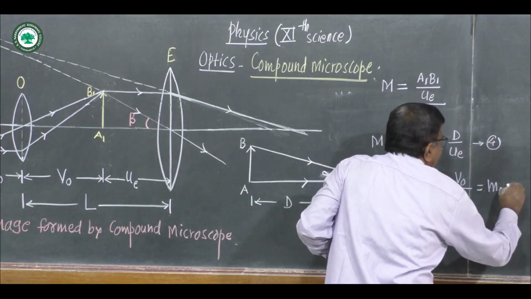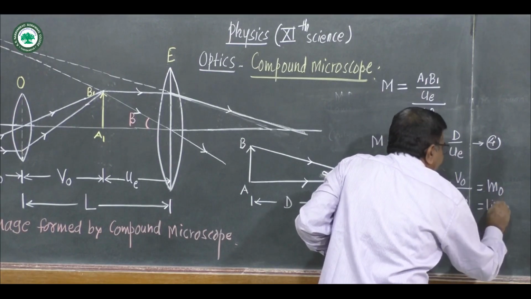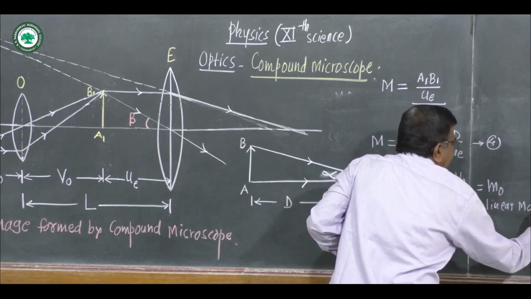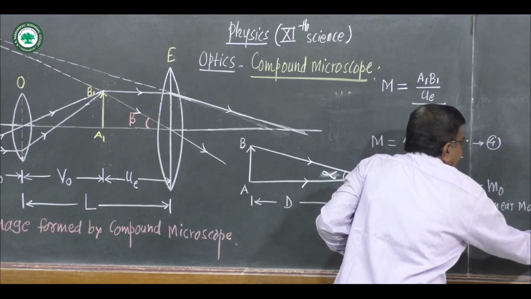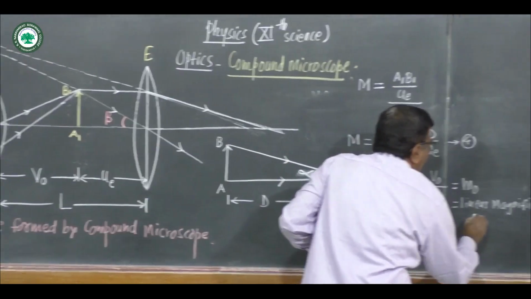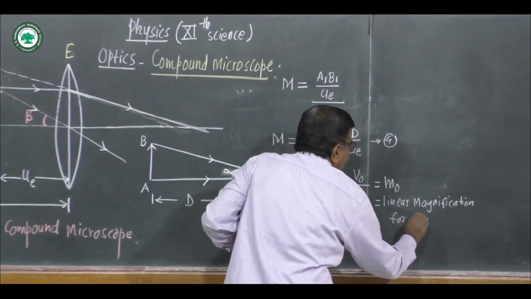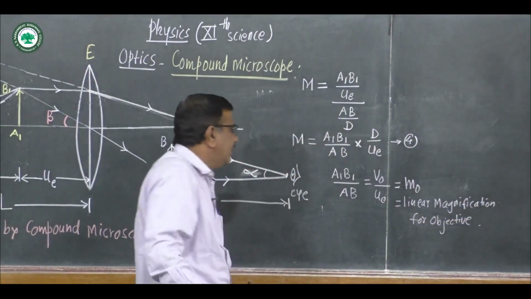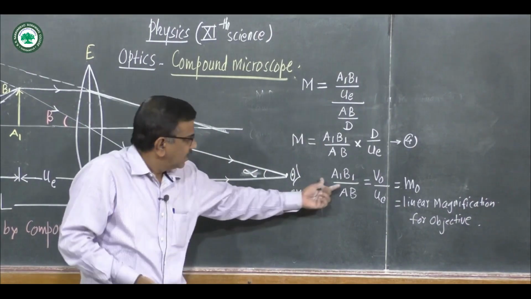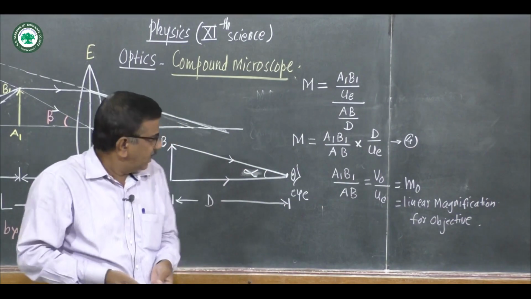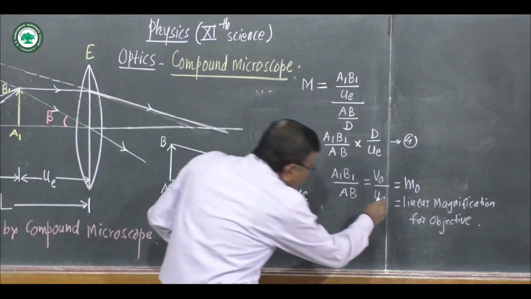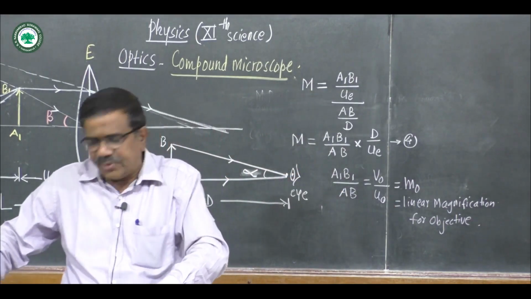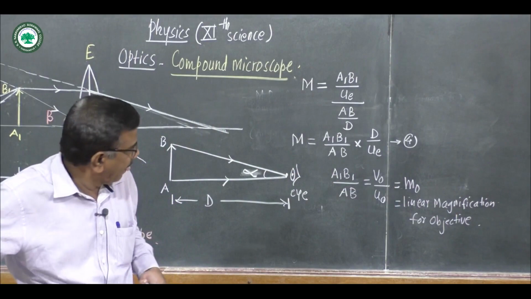It is called linear magnification for objective. By the definition of linear magnification for objective, A1B1 upon AB is equal to VO upon UO. We denote it by small mo, the linear magnification of objective.